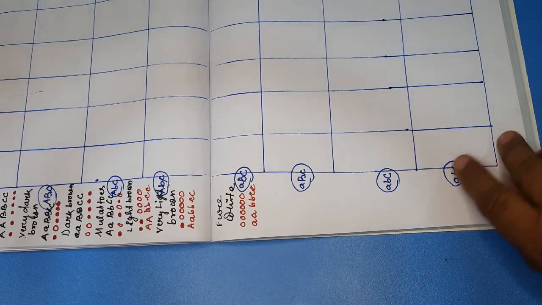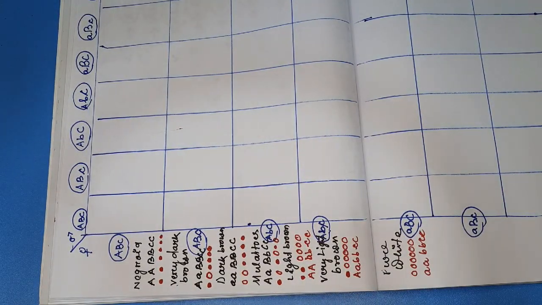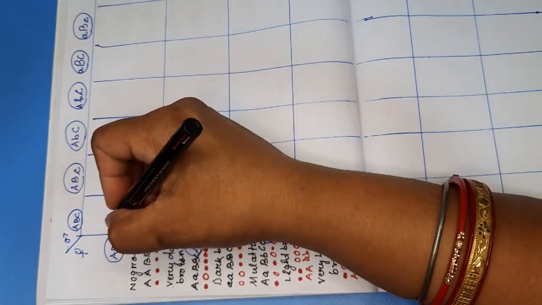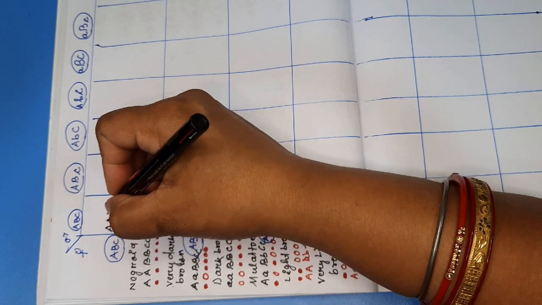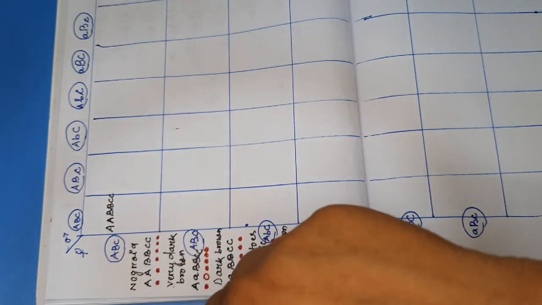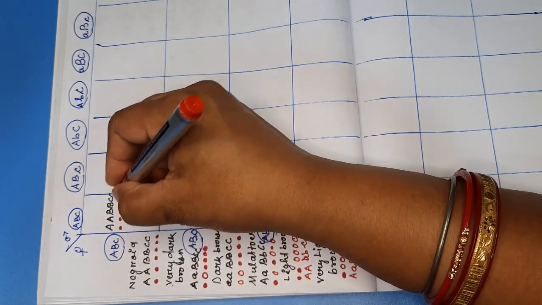So keeping this in mind, let us try to work out the cross. If this is visible to you, then suppose this fertilizes this, it will be capital A, capital A, capital B, capital B, capital C, capital C. So there will be all the 6 dark circles.